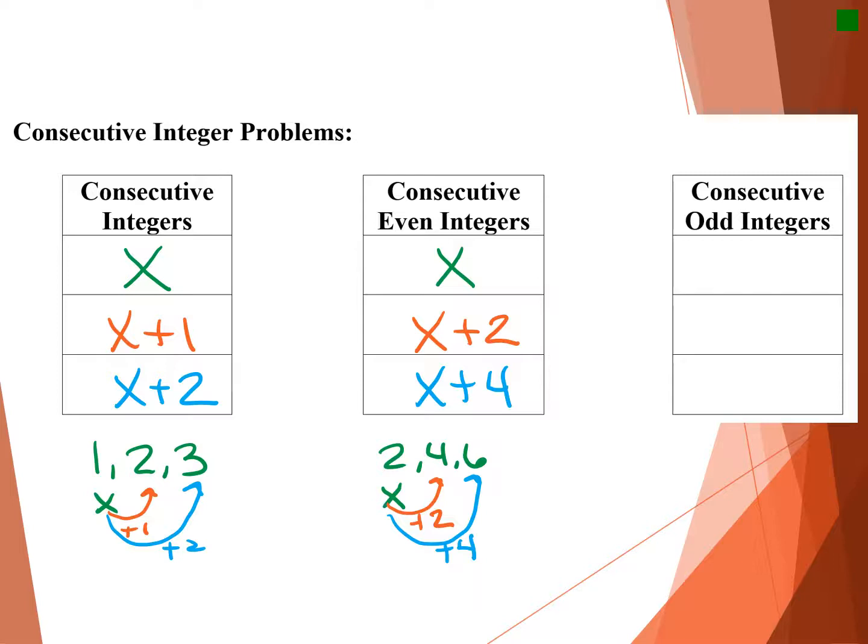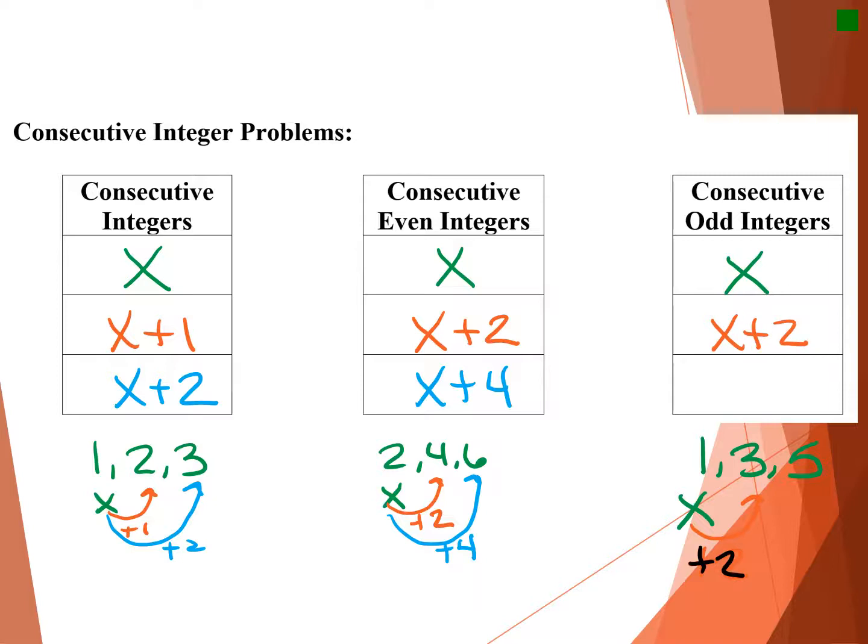So the next one's kind of weird because odd integers are 1, 3, 5. So you'd think you'd want to add 3. But remember, this first one's X. So to get to the next one, from 1 to 3, what do I do? Add 2. So my next one is X plus 2.